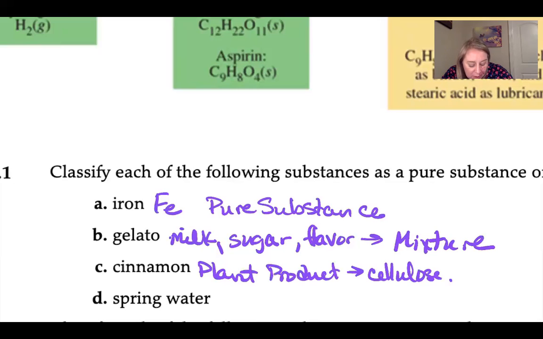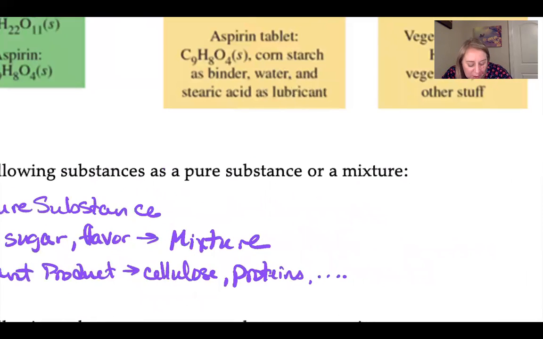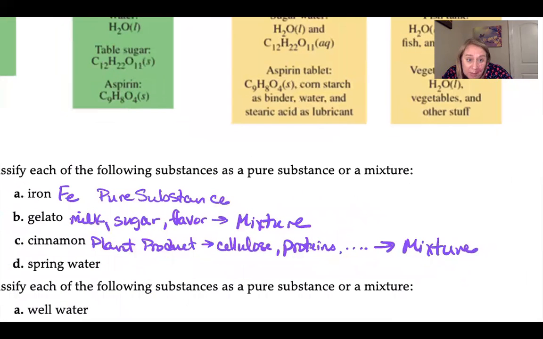They have things like proteins. So they're made up of all kinds of different things. They go on and on and on. So it's not just one thing. It's a bunch of different things. And if that's true, then it is a mixture. It all looks the same, so that would tell you it's homogeneous. But here we're asked just either pure substance or a mixture.